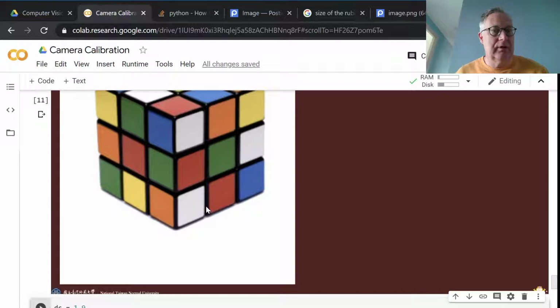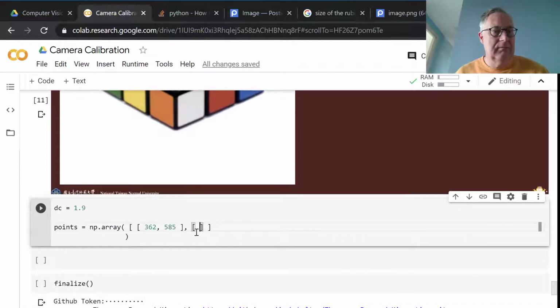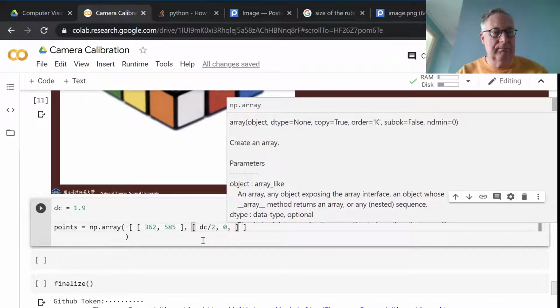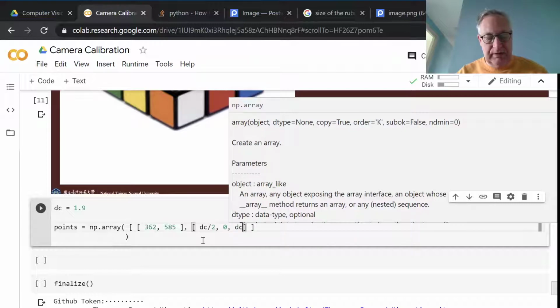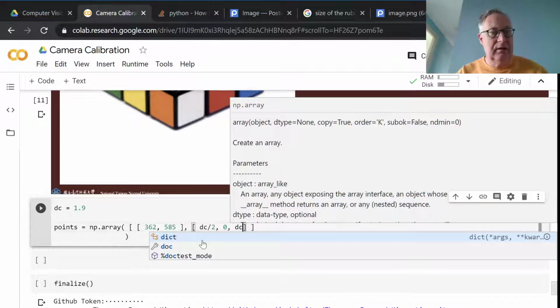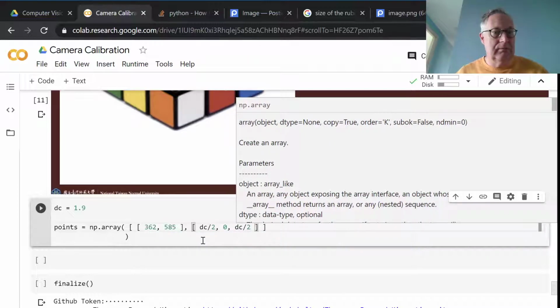So x coordinate would be dc divided by 2. The y coordinate would be 0, and the z coordinate would also be dc divided by 2.